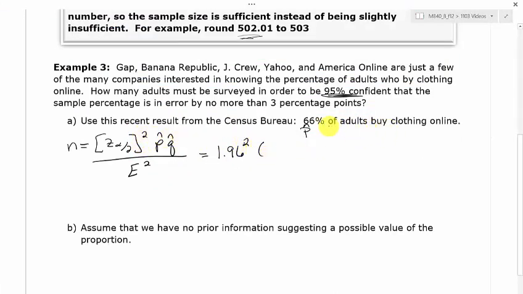So 1.96, and that's squared, times p hat, which is 0.66, and then q hat is 1 minus p hat, so that's 1 minus 0.66, which is 0.34.